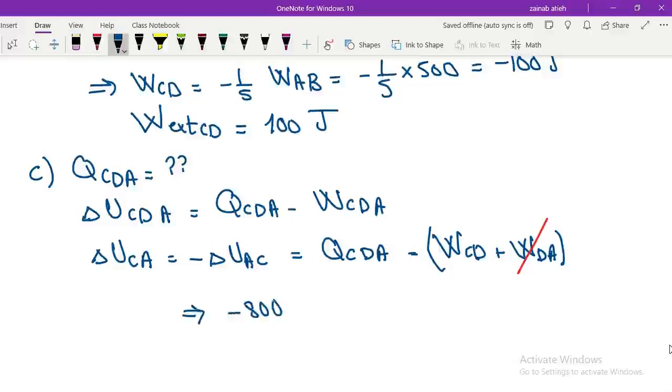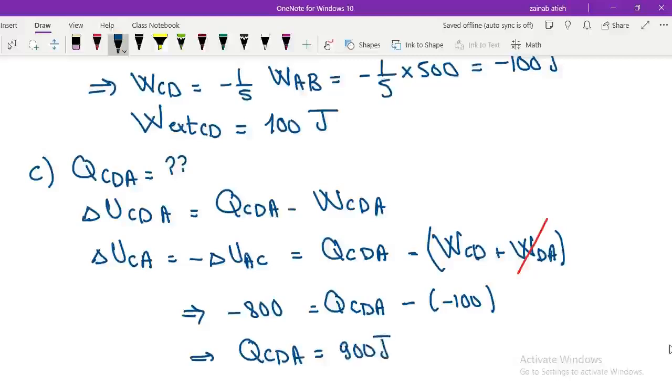He gave me delta UAC at the beginning of the question, 800, so minus delta UAC is minus 800 equals QCDA minus the work of CD, which I've already calculated, minus 100, and it's plus 100, so I will get QCDA equals 900 joule, or minus 900 joule, and this is the answer.